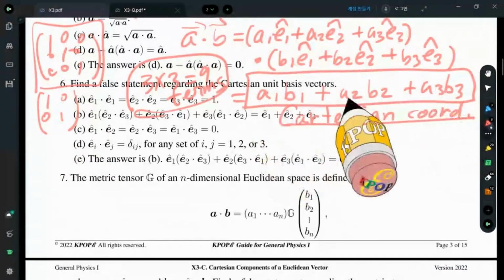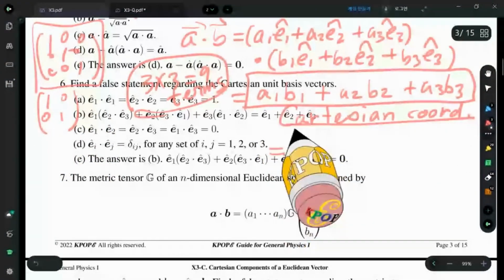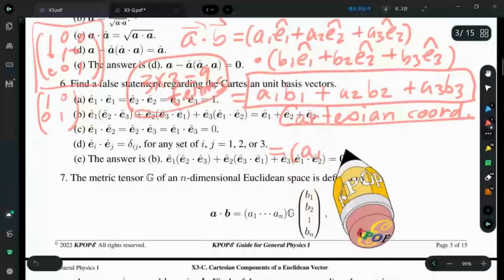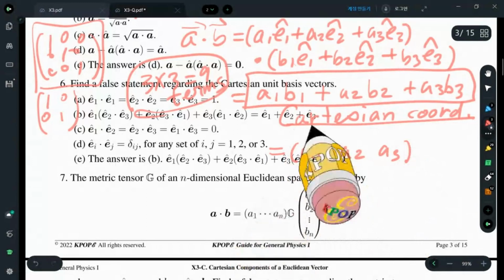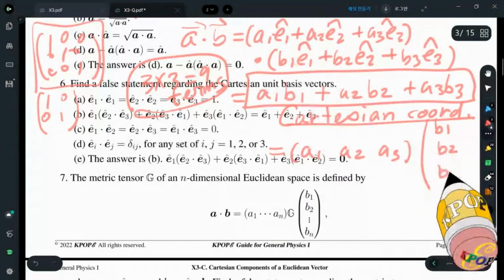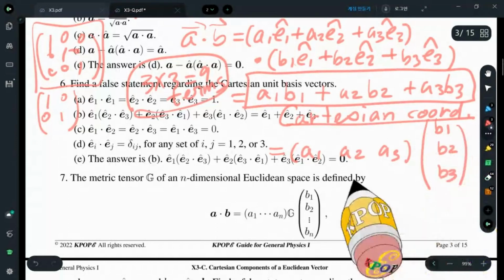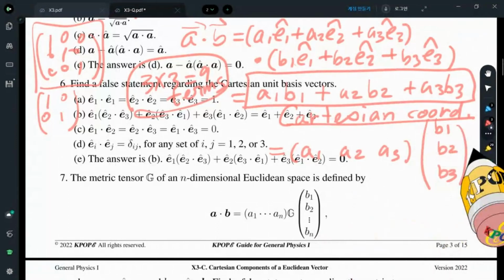We introduce a simple expression. Just write this one as A1, A2, A3 without commas, and B1, B2, B3. Looks better. Needs more space, but looks better.